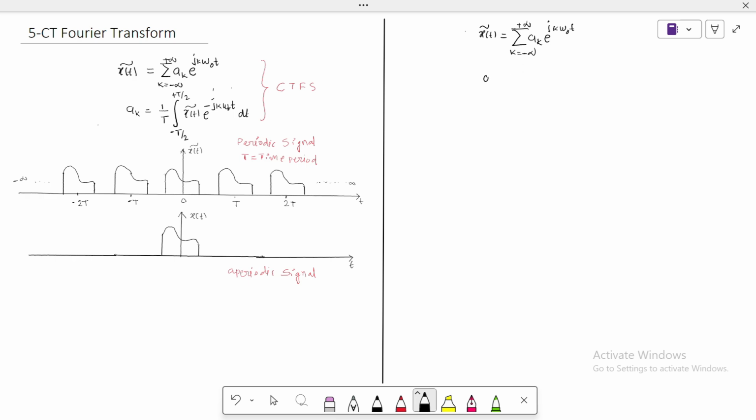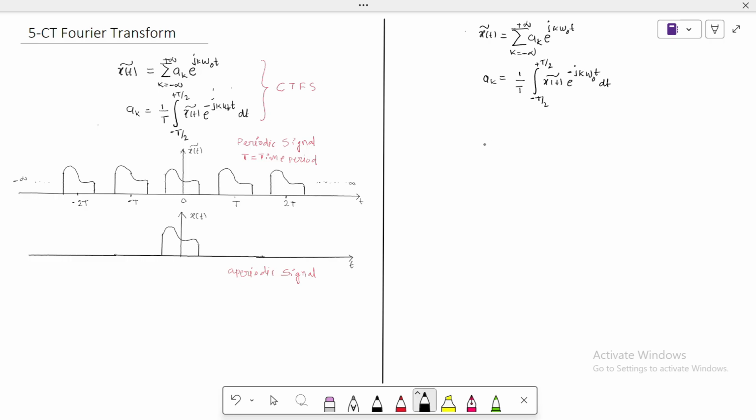Its Fourier series coefficient a_k equals 1 by T, the time period, integral from minus T by 2 to plus T by 2 of x of t e power minus j k omega naught into t dt.